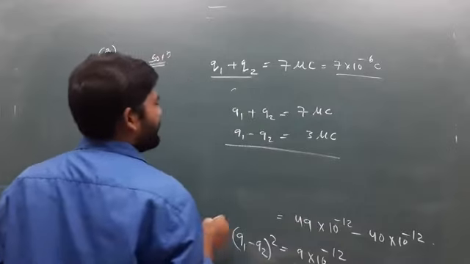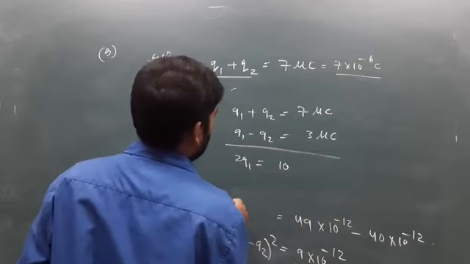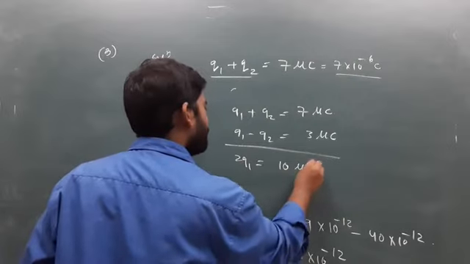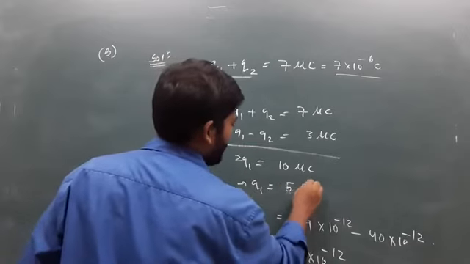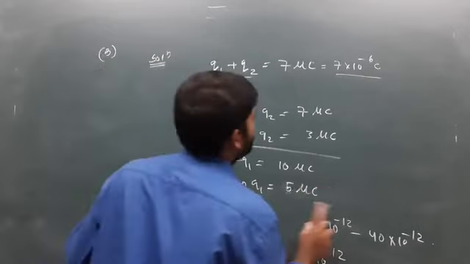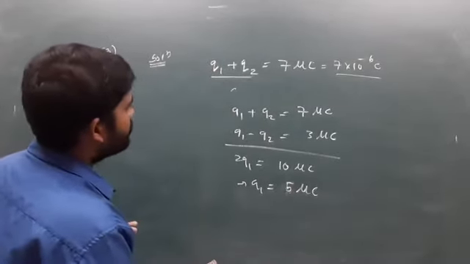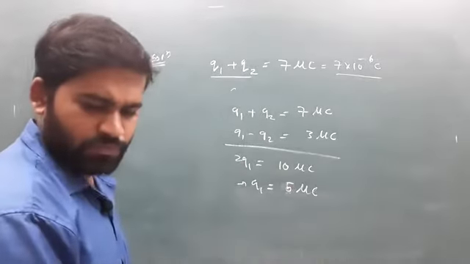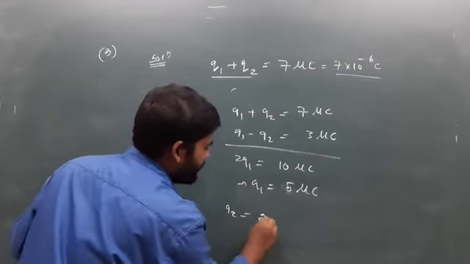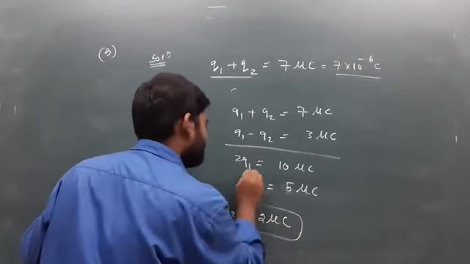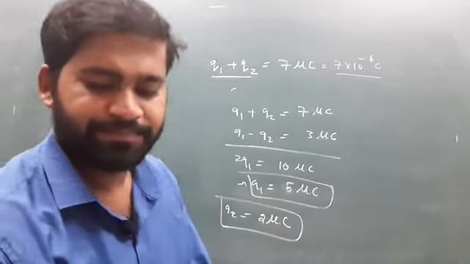So 2 q1 is 10 microcoulomb, which implies q1 equals 5 microcoulomb. So q2 will be 2 microcoulomb. This will be the value of the two charges.